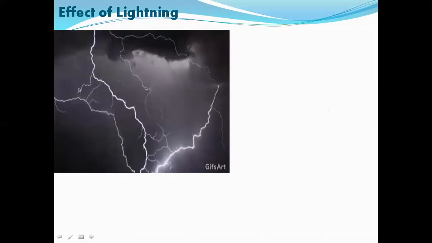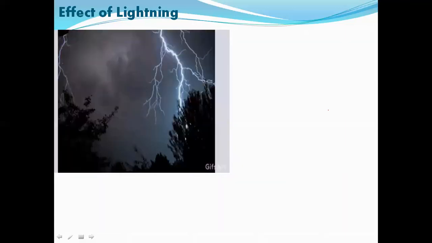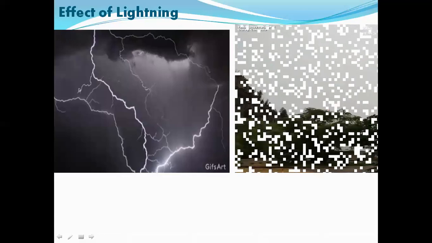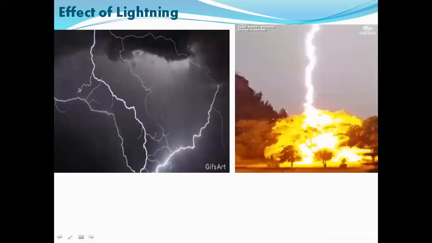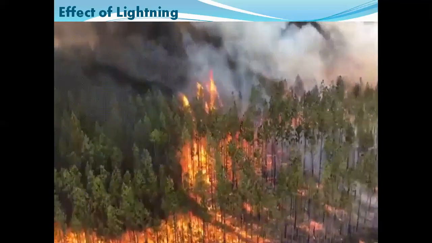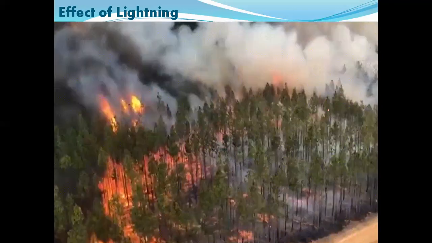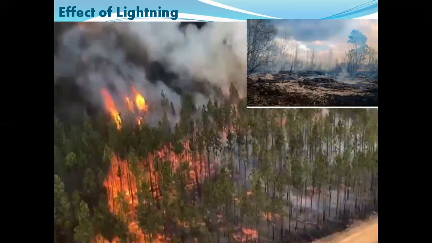Here are some effects of lightning, how it is happening. When there is a thunderstorm and lightning, it can fall on any tree or any forest, so it can burn the whole forest. After the burning, the forest can look like this.